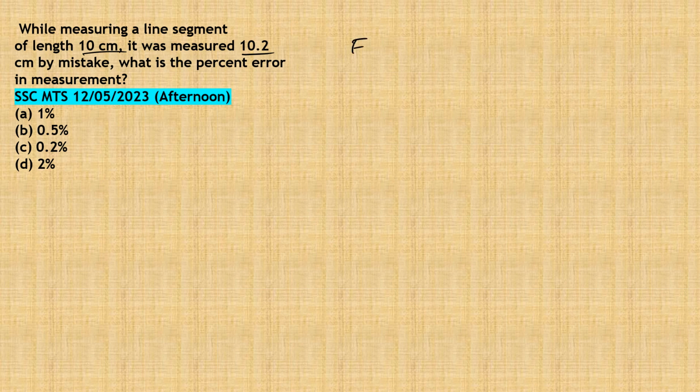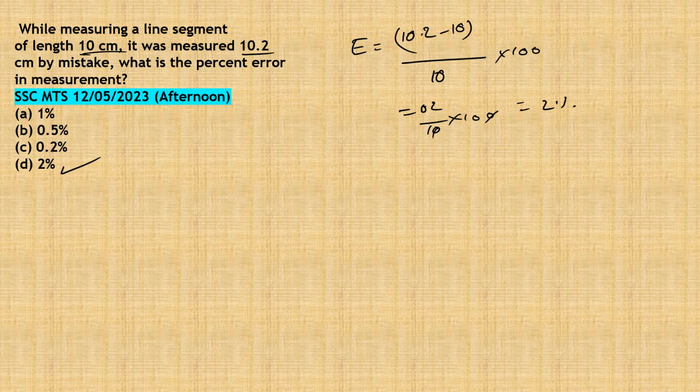What I have said, error is equal to the difference of the correct and the incorrect value. 10.2 minus 10 is the error, and the original value is 10 centimeter, into 100, which gives 0.2 divided by 10 into 100. Cancel the 0. That is 2%, the answer. Option number D.